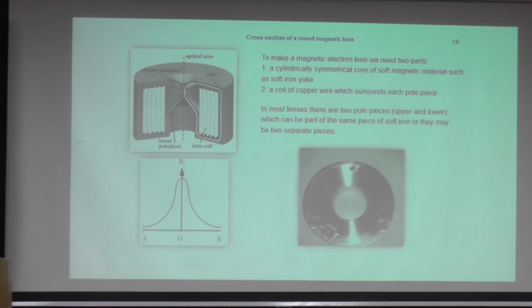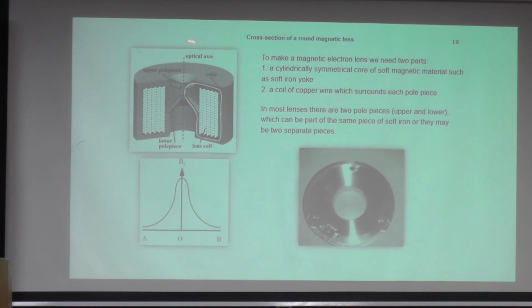So how do we make electromagnetic lenses? They mainly consist of two parts: first, a cylindrically symmetrical core of soft magnetic material, such as a soft iron yoke, and second, a coil of copper wire which surrounds each pole piece.